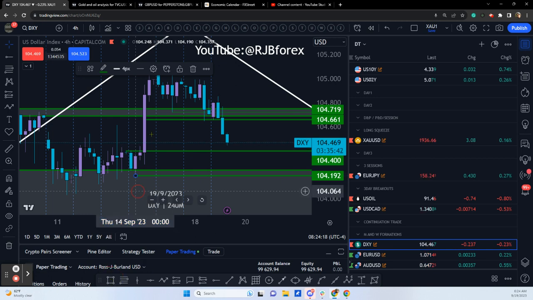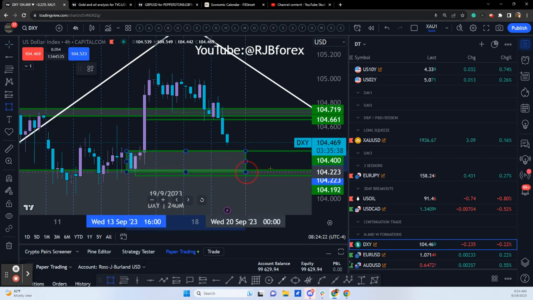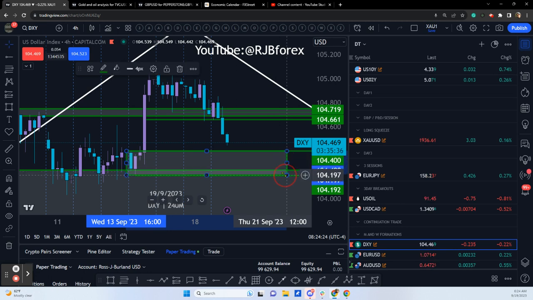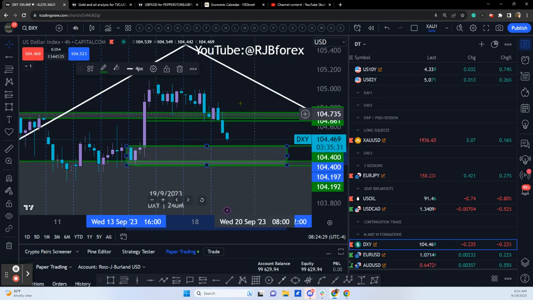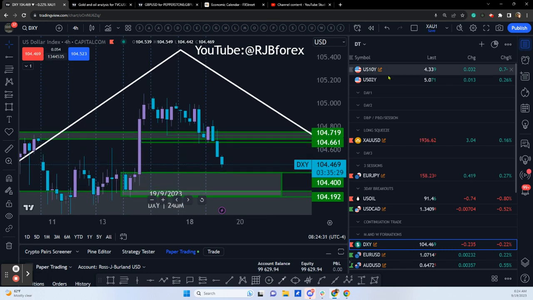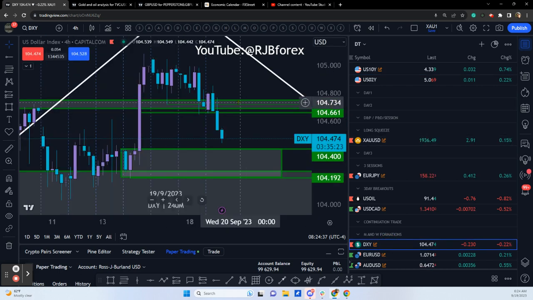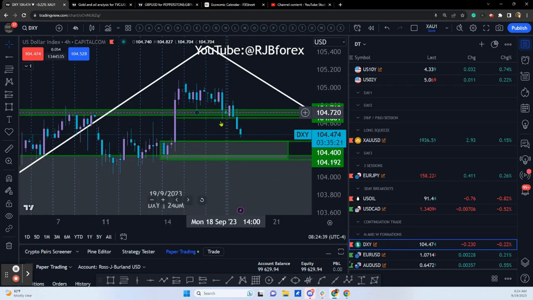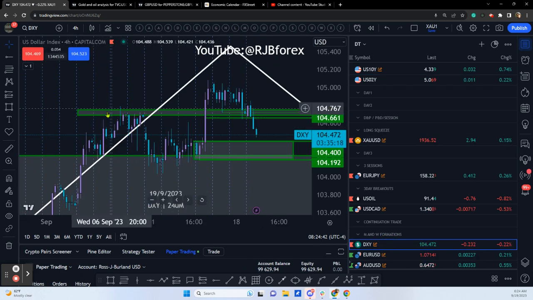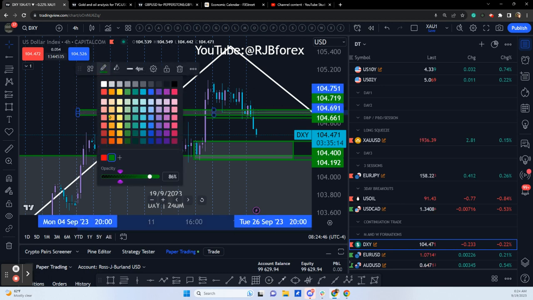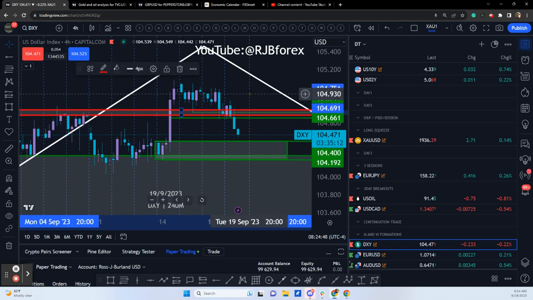If you're looking to buy currencies and assets against the US dollar, perhaps we're going to get a pullback in the dollar, especially if these yields continue to rise. We've broken old support here, which now we can regard as resistance.